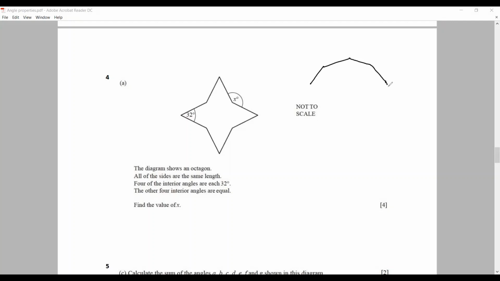So this is a regular octagon. This is also a regular octagon because all sides have the same length. But this one is a concave octagon and this one is a convex.